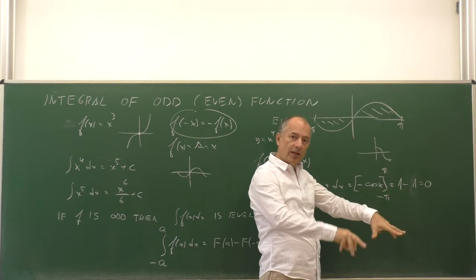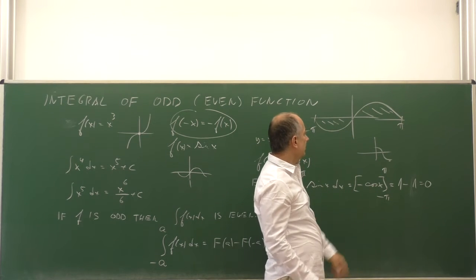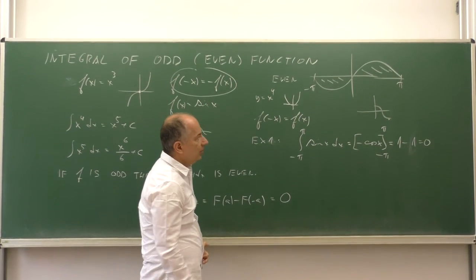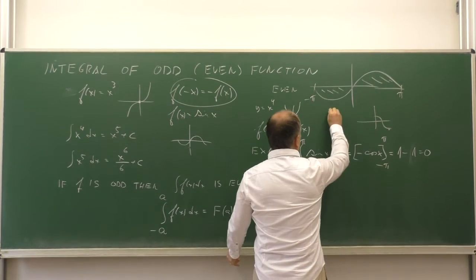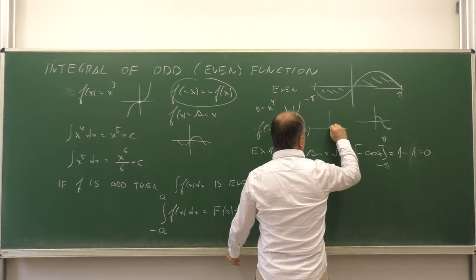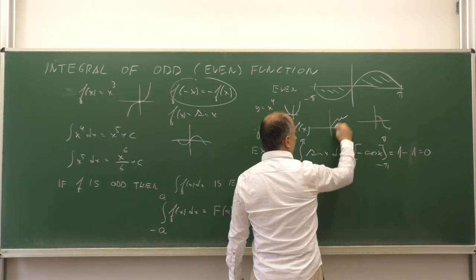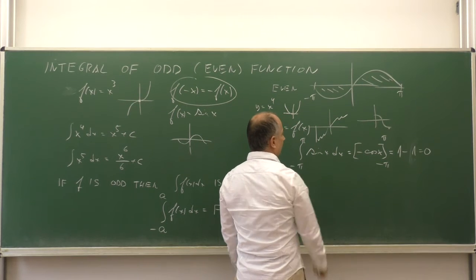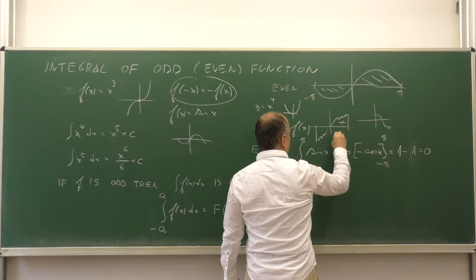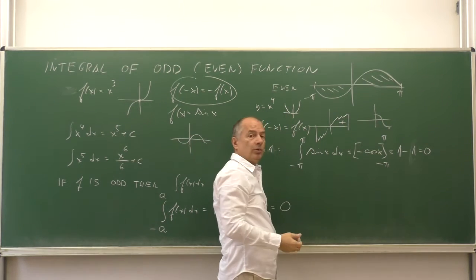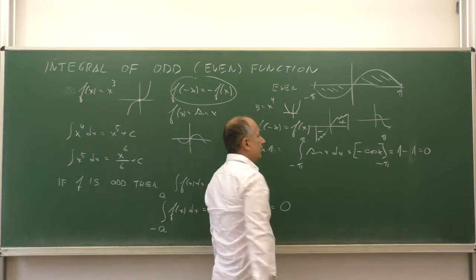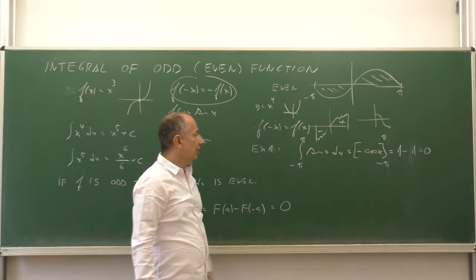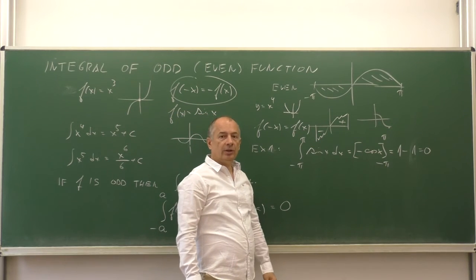It contributes with a negative value, and vice versa. Actually, this is true even for any odd function. If it is complicated like that for positive x, then it must be like that for negative x, and if this is the positive contribution to the definite integral, this is the contribution of the same size but opposite sign, and together it gives 0.